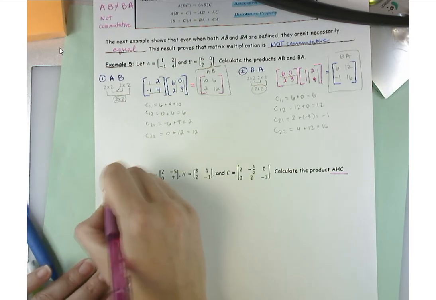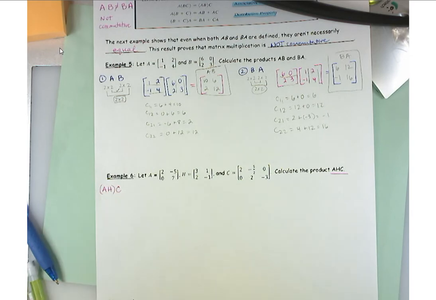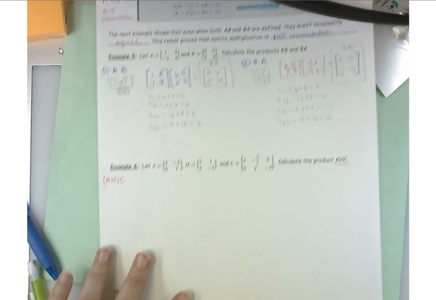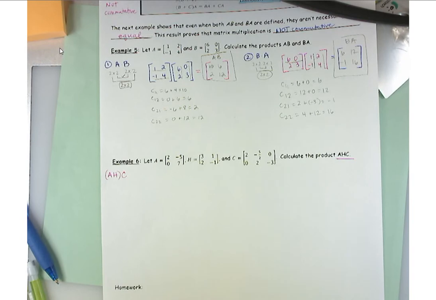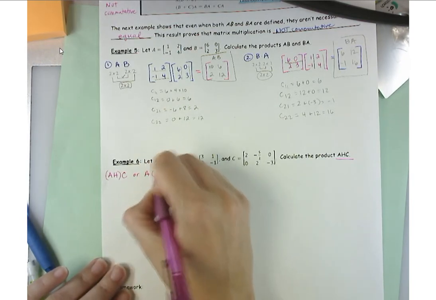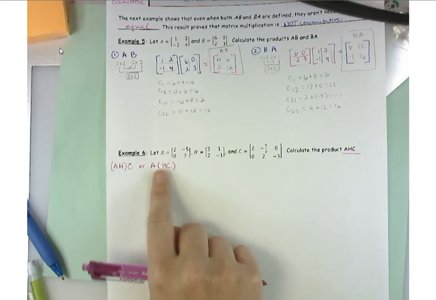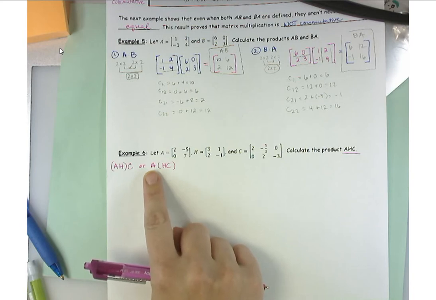We could either multiply A times H first and then C, which is going to be the most common way. It's also the way I would recommend. Or you could also multiply A by HC. But when you do that, notice the position of A. See how A is on the left side? When you set this up, when you line them up, A would still have to be on the left side.